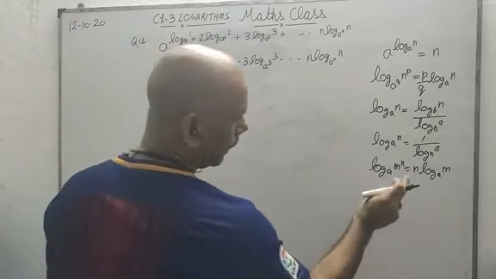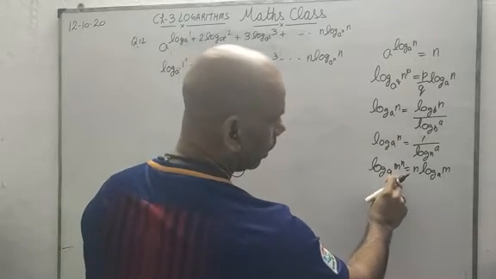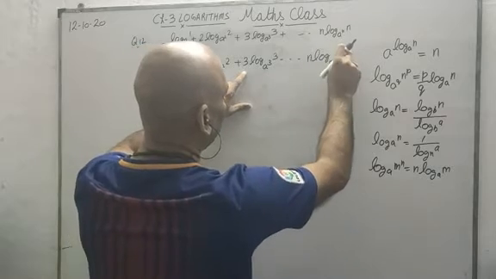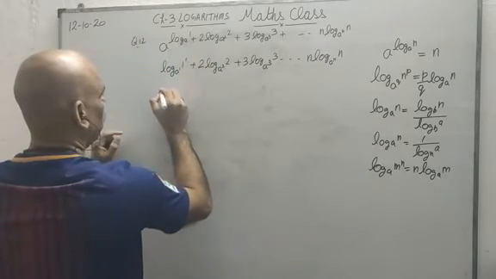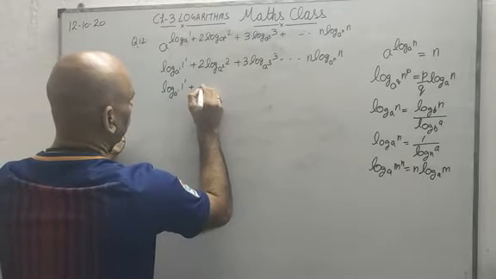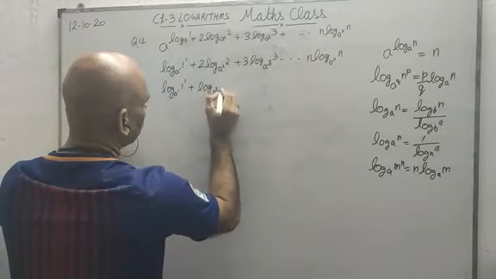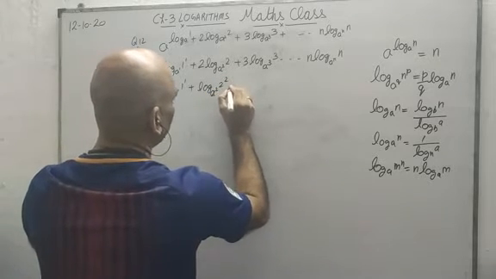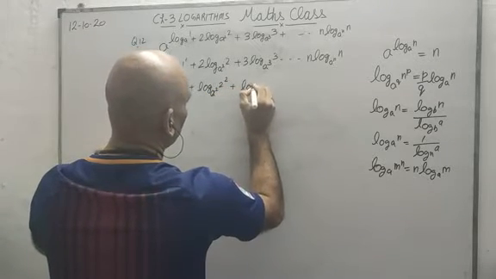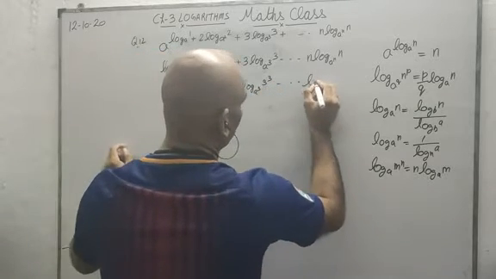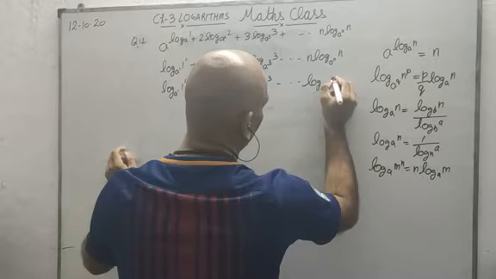So by this property, this n will go as a power, this 3 will go as a power, this 2 will go as a power, and then it will be a to the power 1, 1 to the power 1 log a square 2 square plus log a cube 3 cube up to log a n to the power n.